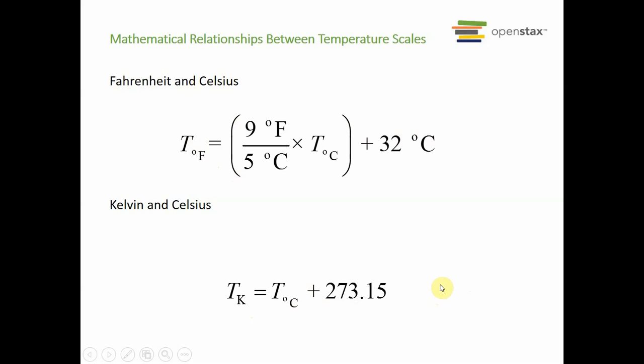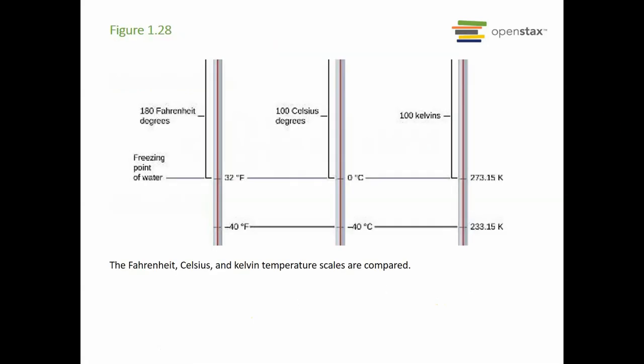Since this is the value of the freezing of water, you take your temperature Celsius and you add to that. Again, we're going to have a supplemental lecture on this because it is so important.